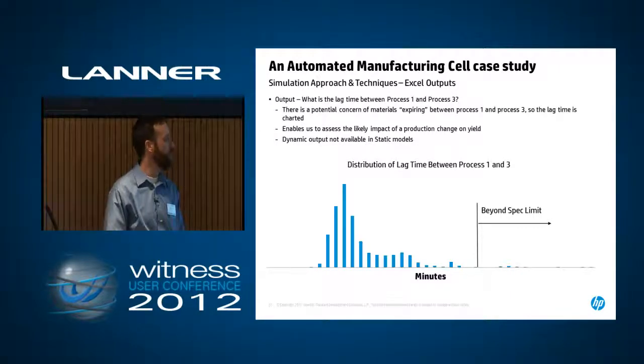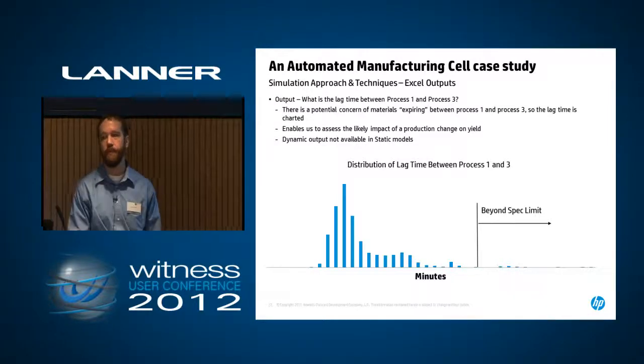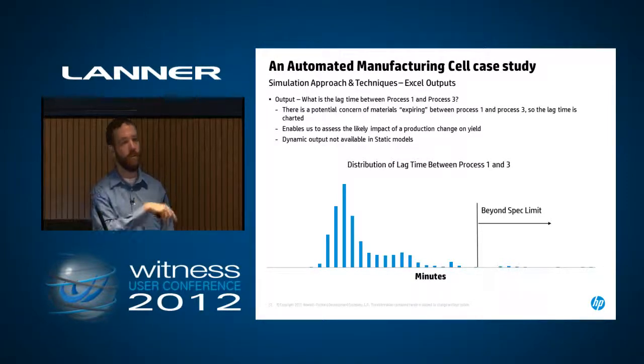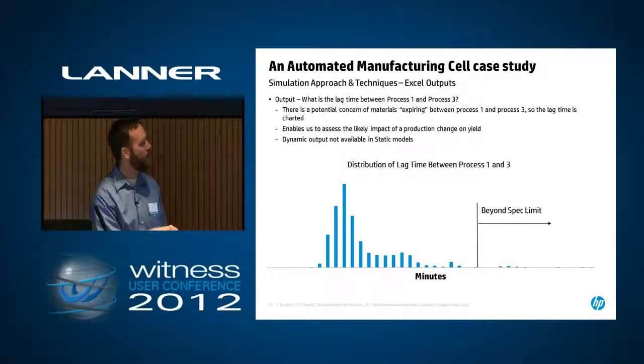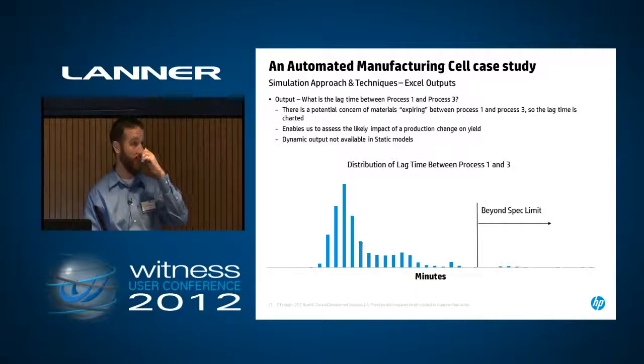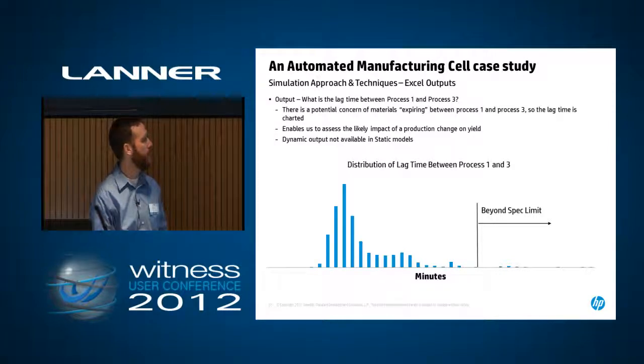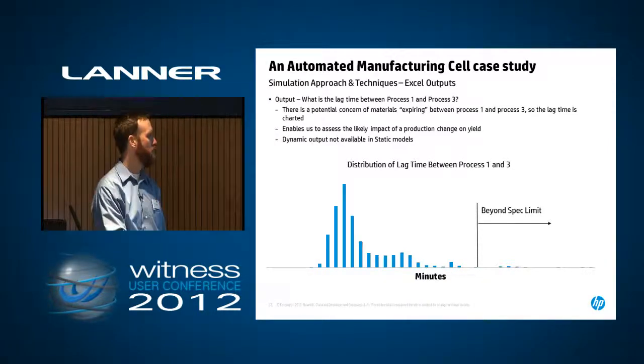lag time. This is another case where the part attributes come in very handy. You just tag the part when it hits process 1 with a timestamp, and then you measure that when it gets to process 3, and you just collect the data and report it out. So what you're looking at here is the distribution of lag time between process 1 and 3.